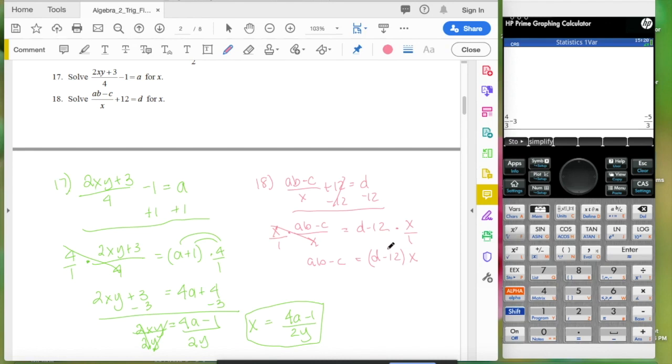So the easiest thing I can do to isolate the x is then divide both sides by d minus 12, and then my x will be by itself. ab minus c over d minus 12. And there we go. All done.